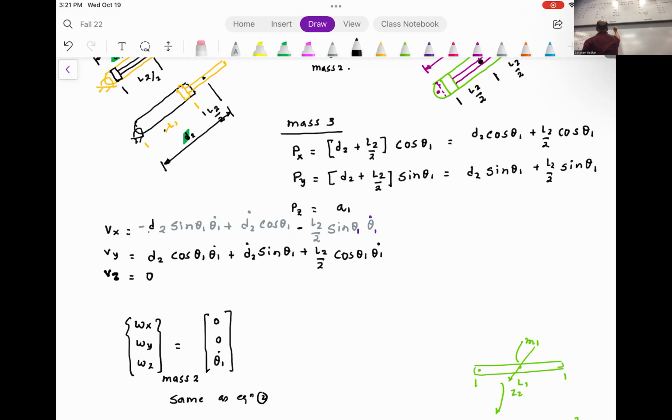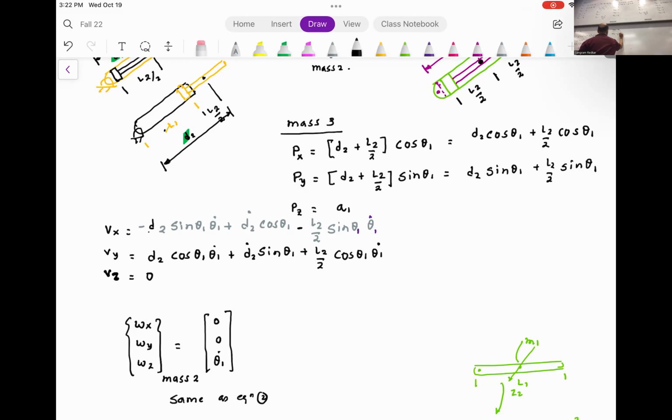What I need to do is the exact same thing for mass M2, and this equation will be duplicated. The only difference here, M1 will be replaced by M2, Vx1 will be replaced by Vx2, and so on. And I'm going to write this.